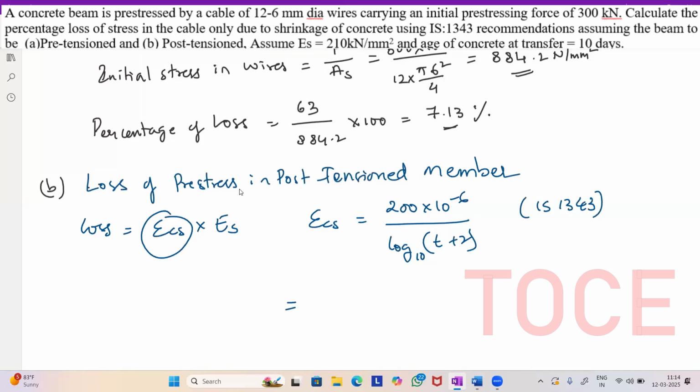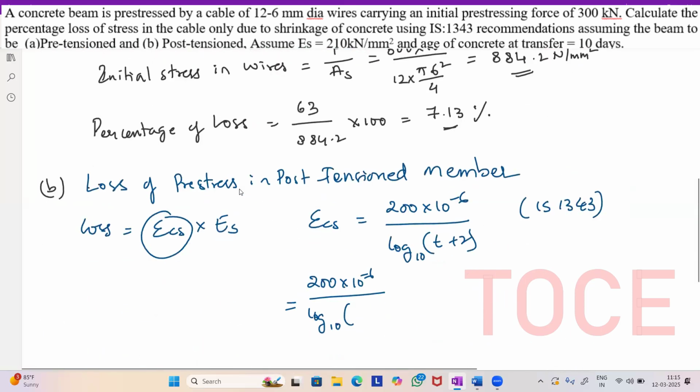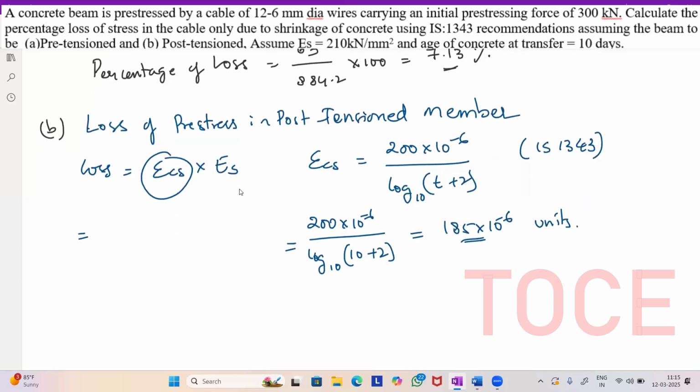Let us substitute the values we have: 200 into 10 to the power of minus 6 divided by log base 10 of (t plus 2). The t, in the question, he has given as 10 days, so t will be directly substituted in days: 10 plus 2. This value will be around 185 into 10 to the power of minus 6, in units. Now substitute the values to find the loss. The ultimate shrinkage strain is 185 into 10 to the power of minus 6, and the Es value is 210 into 10 to the power of 3.